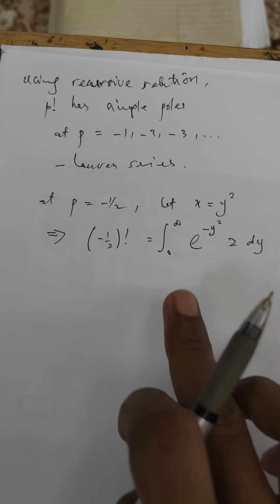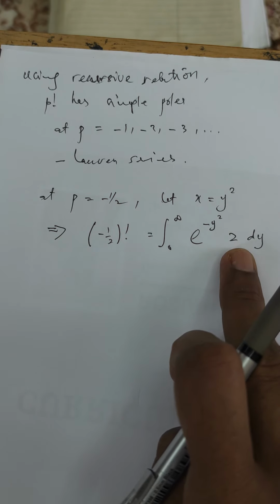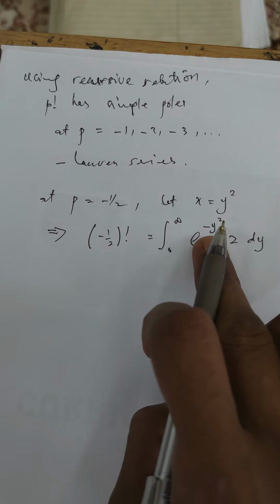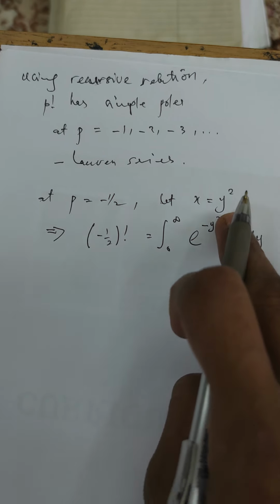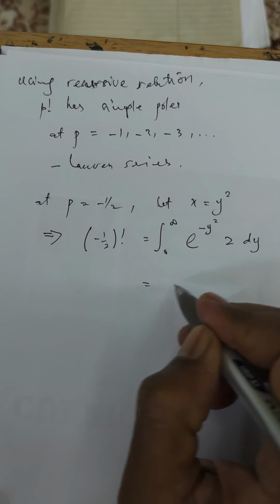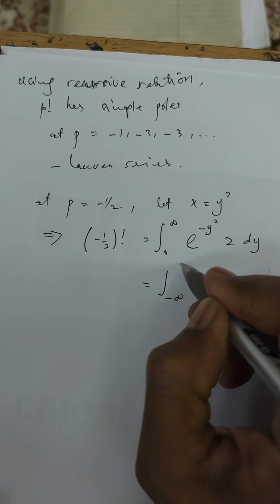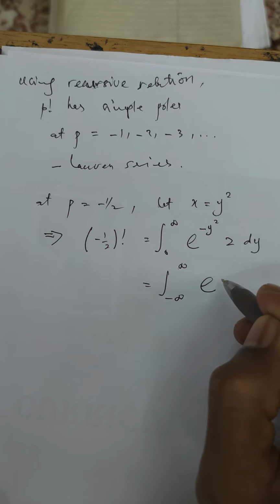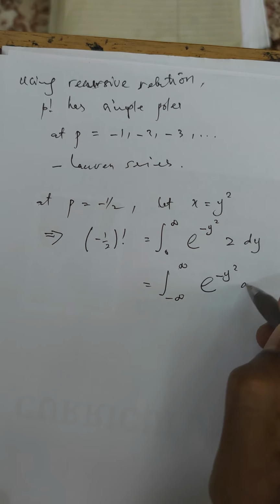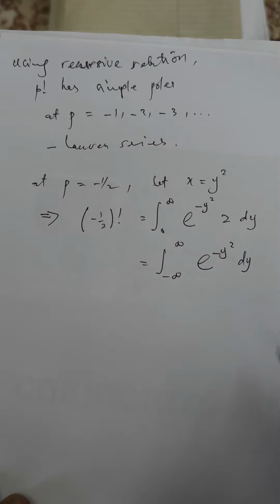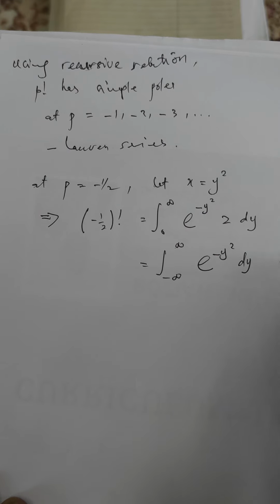This is always symmetric in y because y is squared, so you can consider this as the integral from minus infinity to infinity of e^(-y^2) dy, and this is nothing more than the square root of pi.